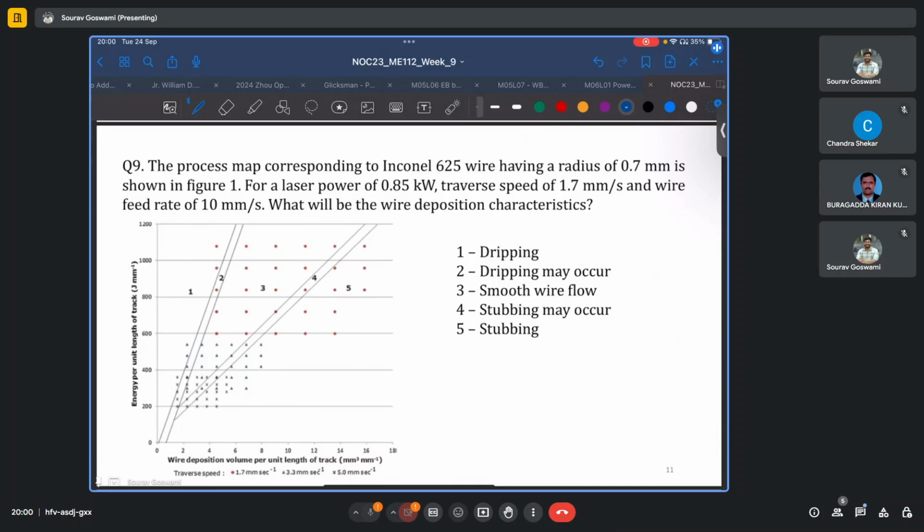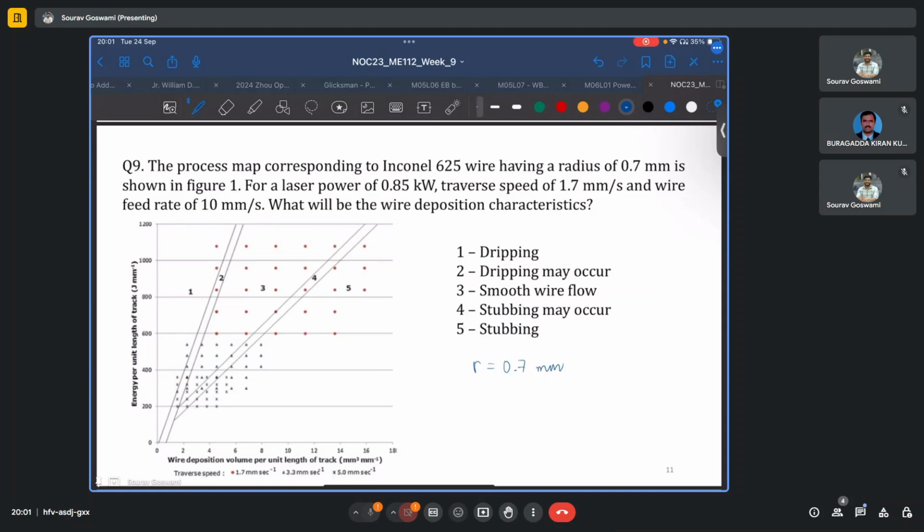So typically you have this dripping region, transition between dripping and smooth wire flow or bridge transfer, transition between smooth and stubbing, and region of stubbing. So if we can locate the coordinates of our process on this process map, we'll be able to comment on what this region is. So let us just write down whatever parameters are available to us. The radius of the wire is given, it is 0.7 mm.